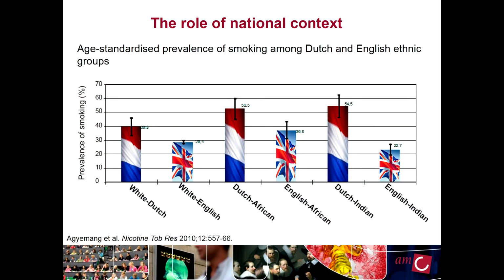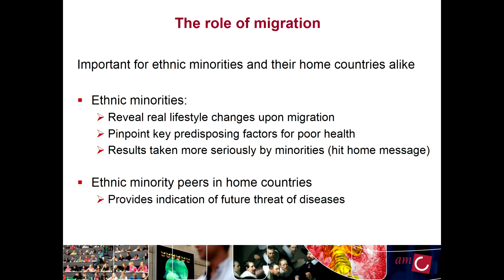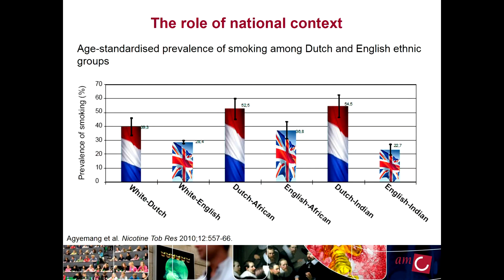So this is an example to show the role of national context on health behavior. This is data from the Netherlands and from England showing the prevalence of tobacco smoking. What you see is in the host populations, there's a higher prevalence of smoking in the Netherlands among the Dutch compared to the English in England.